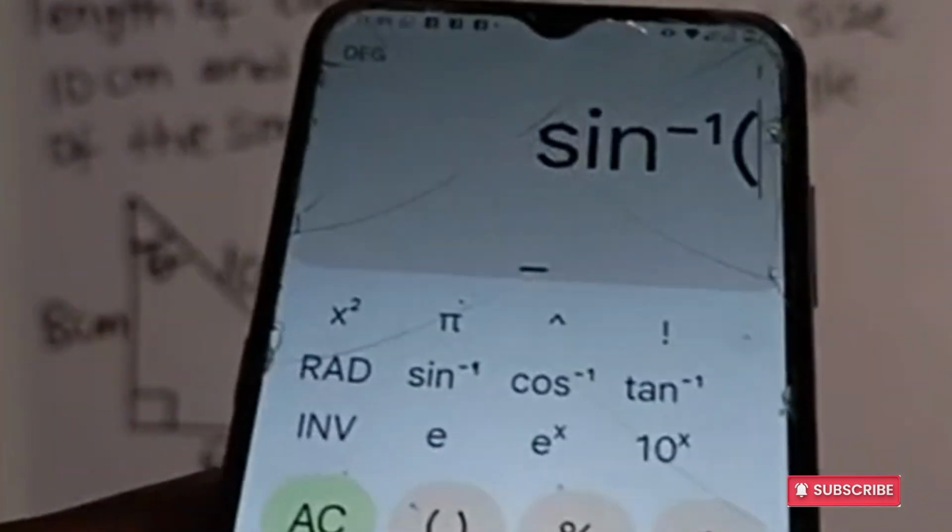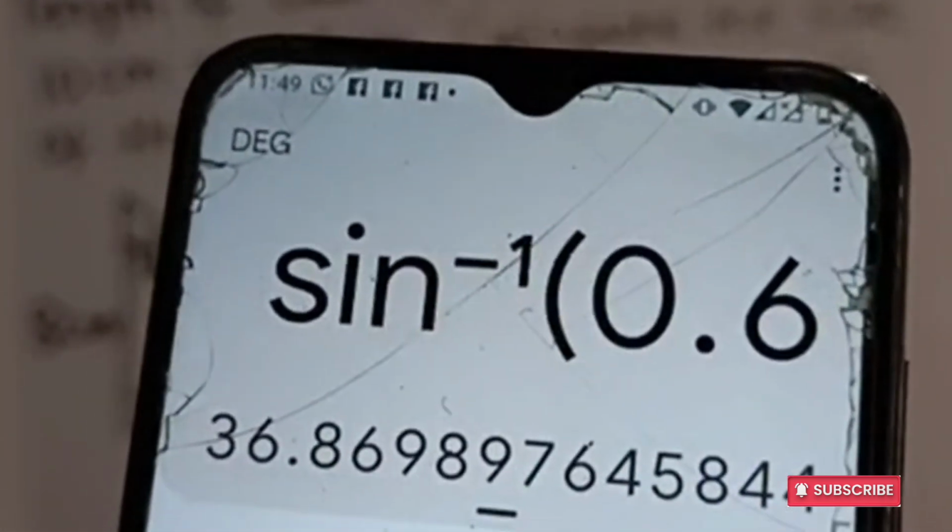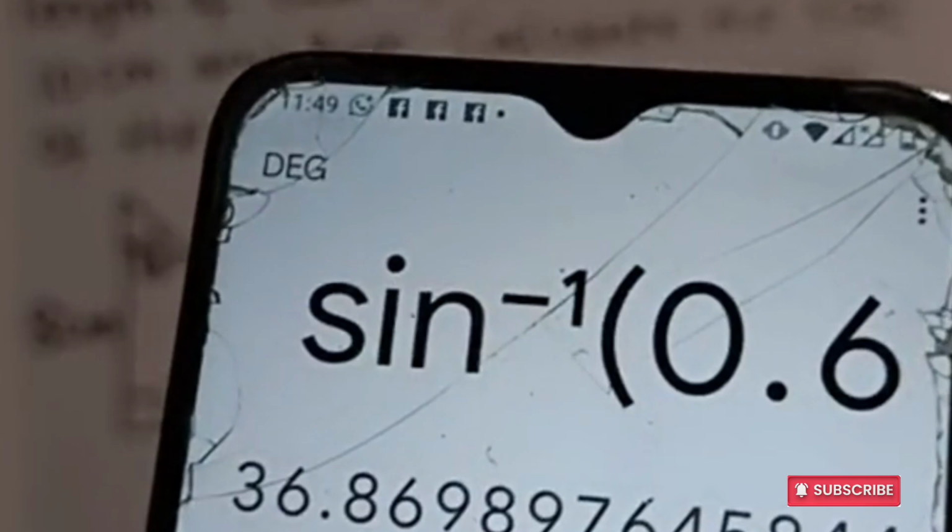If I press inverse, you can see that sine inverse is shown on my calculator. So sine inverse of 0.6. You can see that it is 36.869. So I guess the person that said 37 approximated.